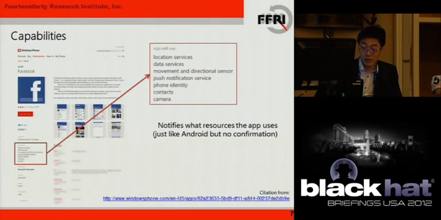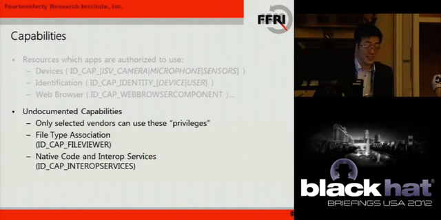There's more. Most capabilities are documented and authorized for use by normal developers. However, there are some undocumented capabilities which enable higher privileges. For instance, ID_CAP_INTEROPSERVICES permits access to third-party services. This is very interesting, so I will talk about this later. Anyway, let's move on for now.